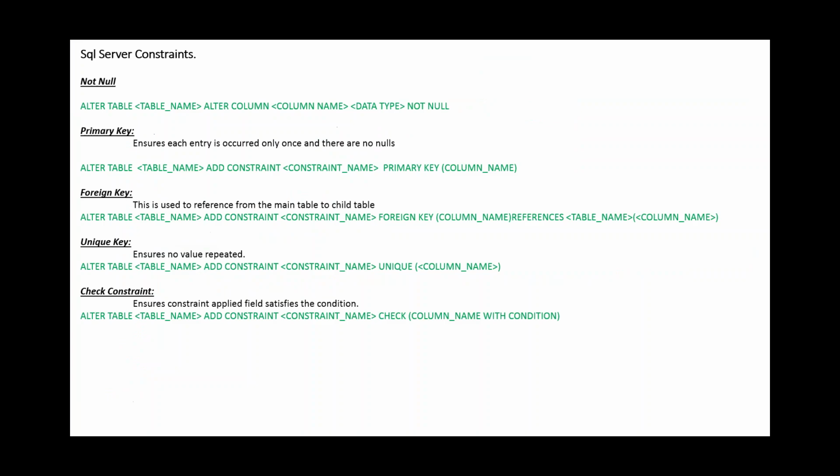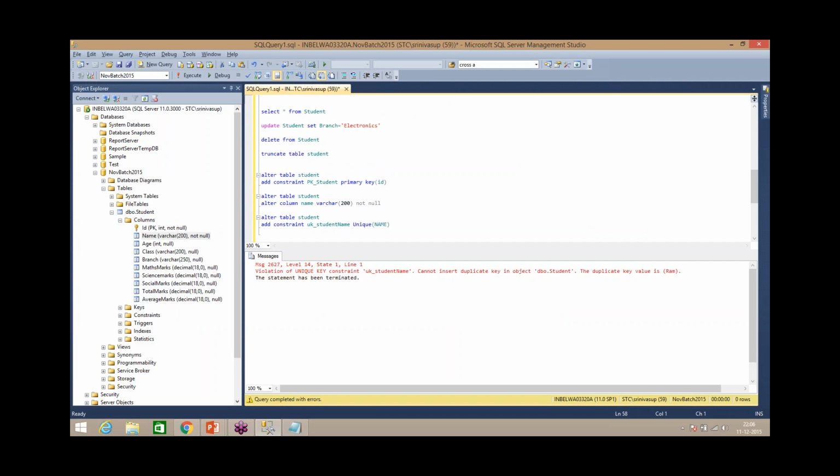What will check do? The age, I told you yesterday. If you want to apply any condition for any field, you can use the check constraint. The syntax is alter table, table name, add constraint, and you can give the constraint name and check the column name with the condition. You can mention it here. We will see that age condition now.